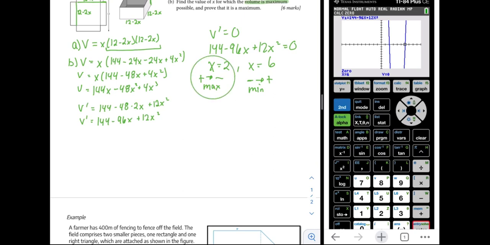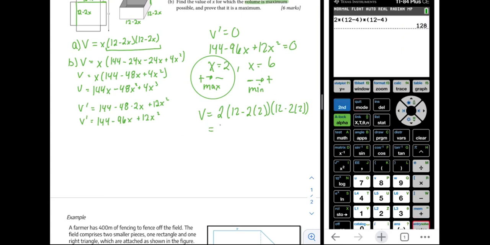Our volume is going to be 2 times 12 minus 2 times 2 times the same thing. When you put this into your calculator, you're going to get that the maximum volume is 128 centimeters cubed.